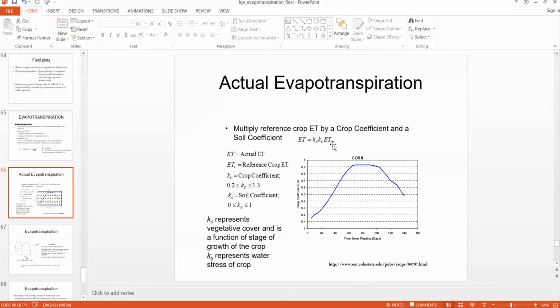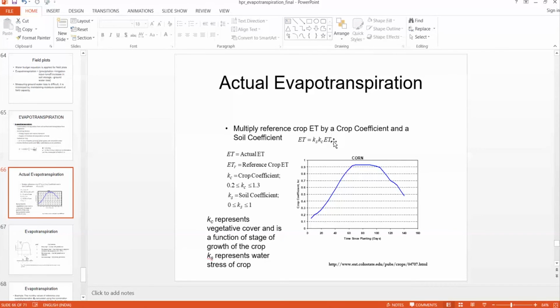Therefore, actual evapotranspiration of a given crop in one place is different from the same crop in another location. So the best way to calculate actual evapotranspiration is KS KC ETR. ETR is the evapotranspiration of a reference crop.